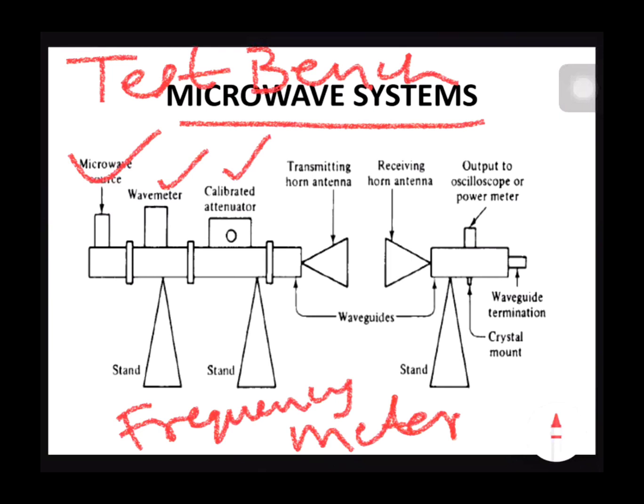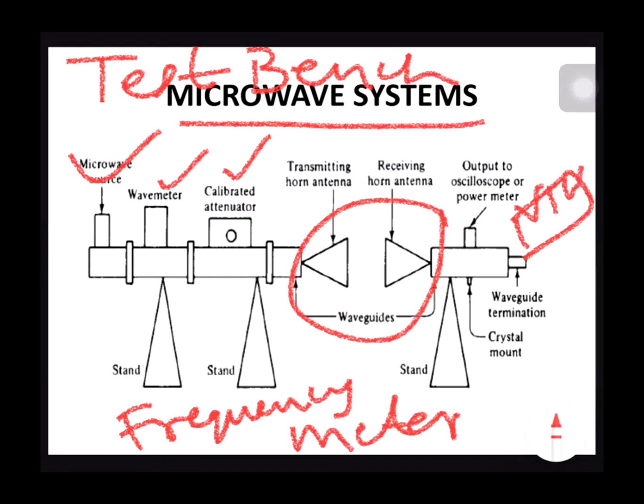And to analyze a microwave transmission, in the diagram they are given two antennas, the transmitting antenna and the receiving antenna. Finally, we have the output device, where we can connect an oscilloscope, or else one more device which we normally use in your lab, the VSWR meter or power meter.